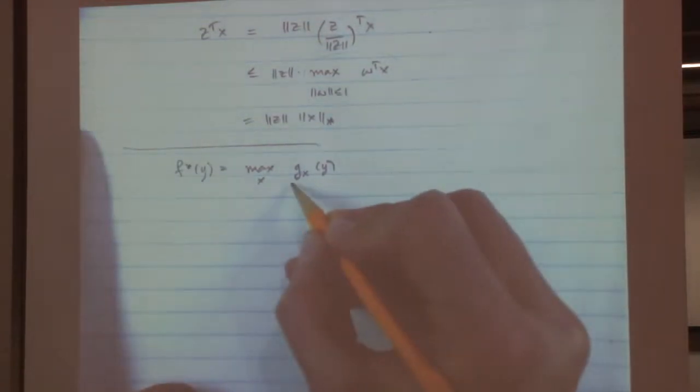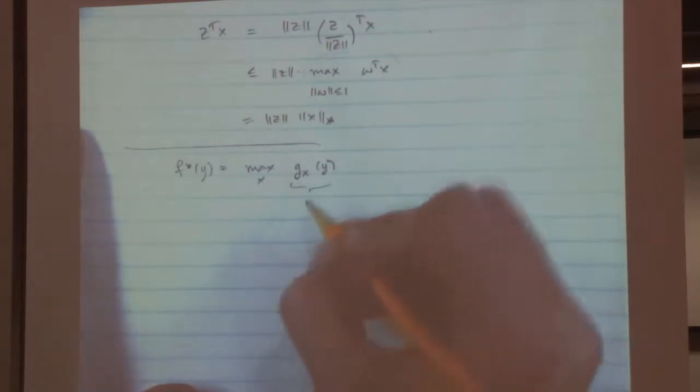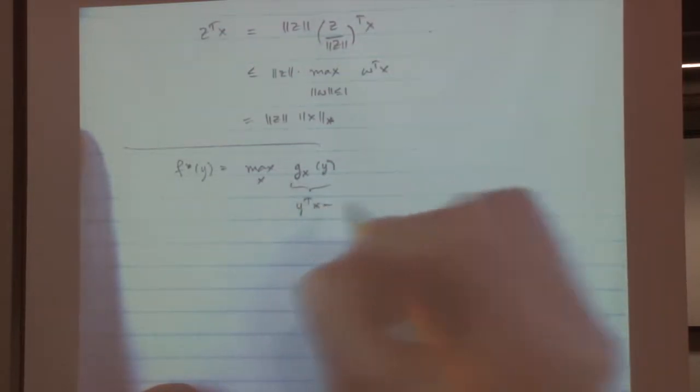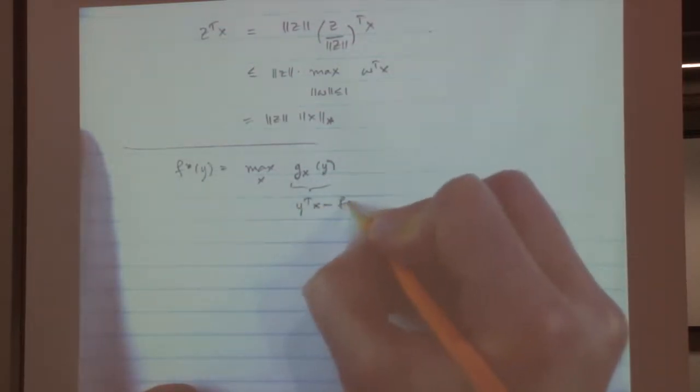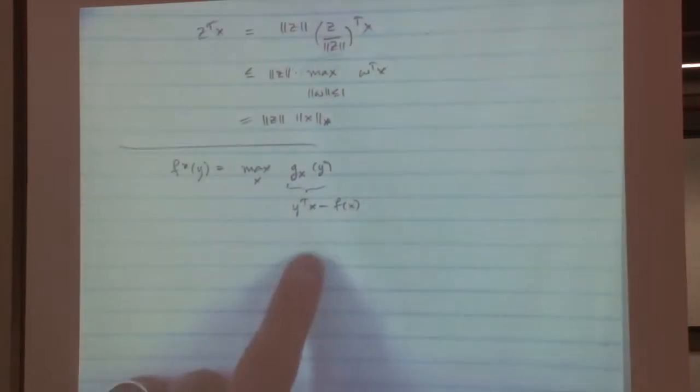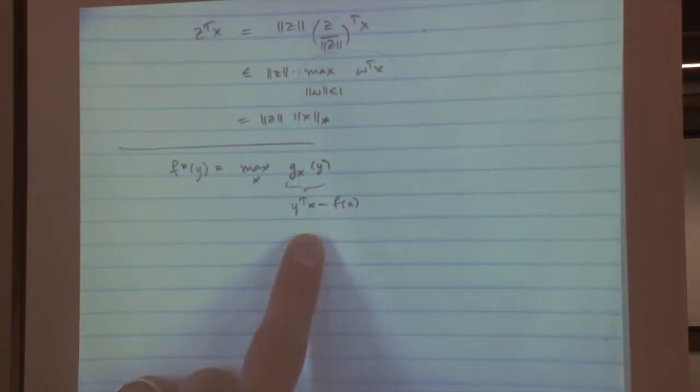And g sub x of y, we know, is just equal to y transpose x minus f of x. So what kind of function is it as a function of y?